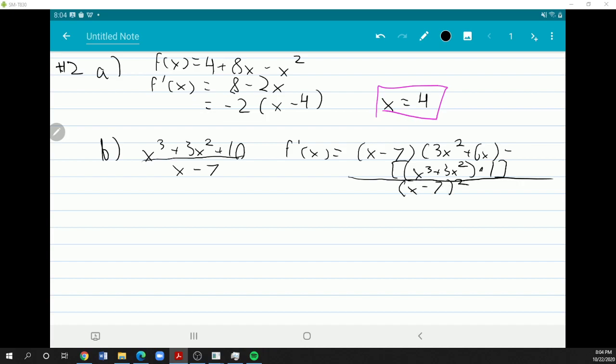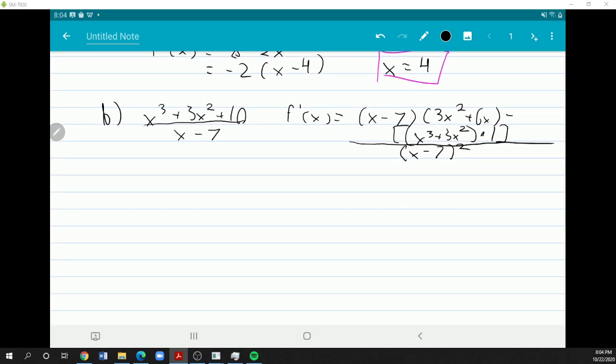Okay, so now we have the not so fun process of algebra. So we get 3x cubed by foiling there, plus 6x squared, minus 21x squared, minus 42x, minus x cubed minus 3x squared, and that's it.